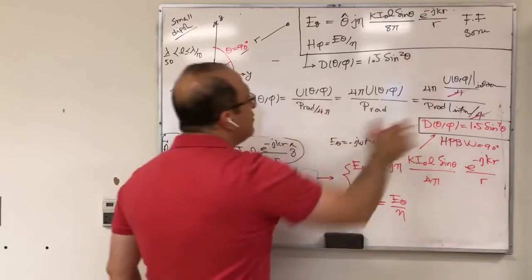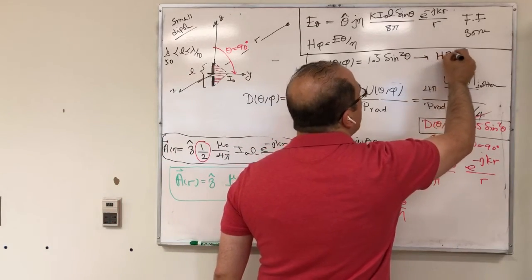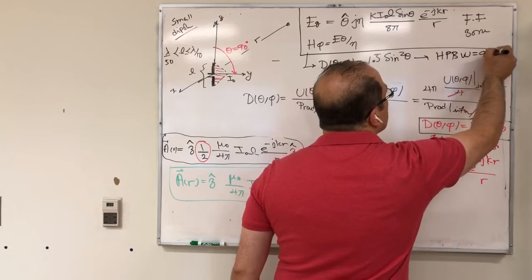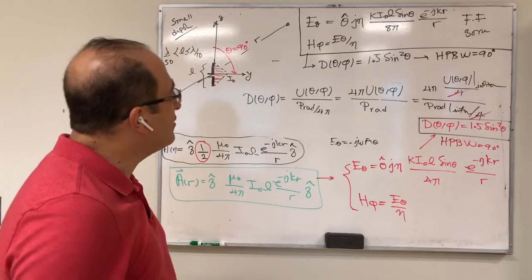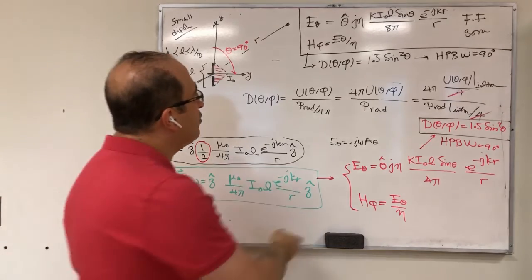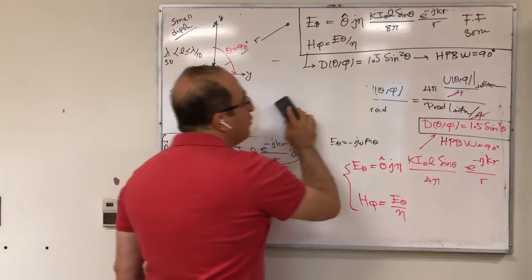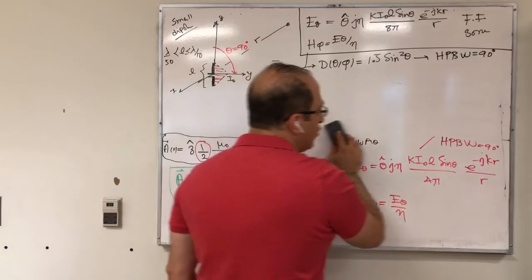Because this is the same directivity distribution, therefore the half power beamwidth of a small dipole antenna is also 90 degrees. So that's another thing that we have for a small dipole antenna. Now let's move on with one more thing.